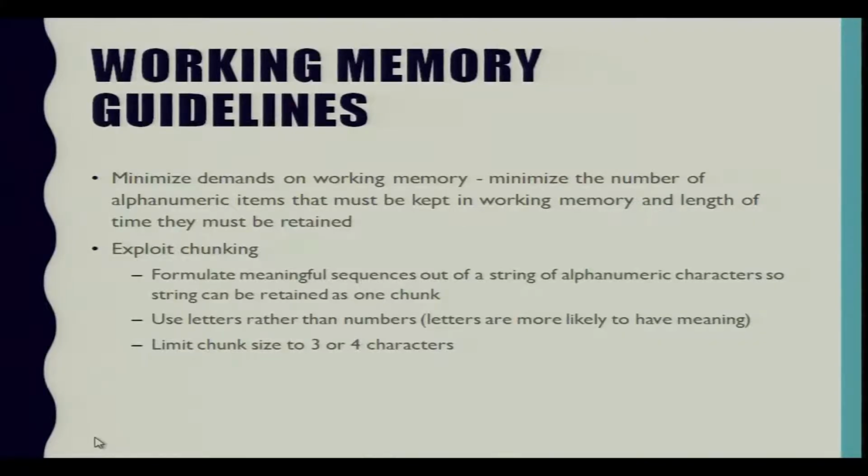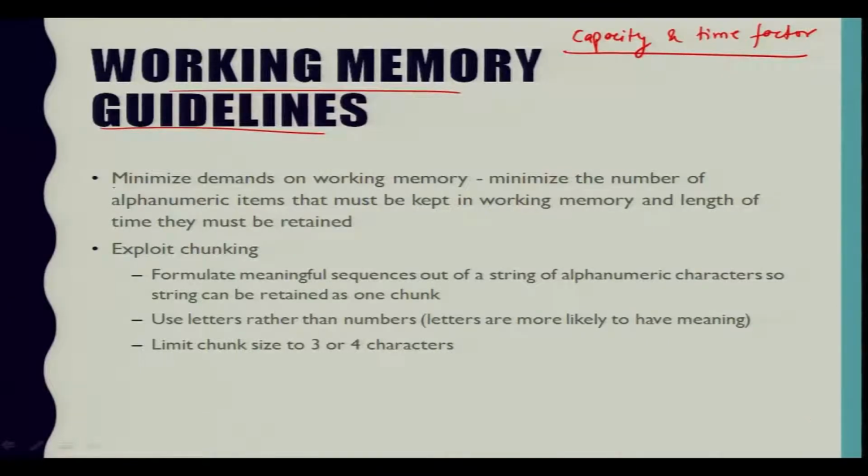Now we will also cover the guidelines for working memory. Most of the design guidelines we are going to discuss are aimed at mitigating the limitations of working memory. The limitations of working memory are its capacity and time factor, which we understood in a previous lecture.